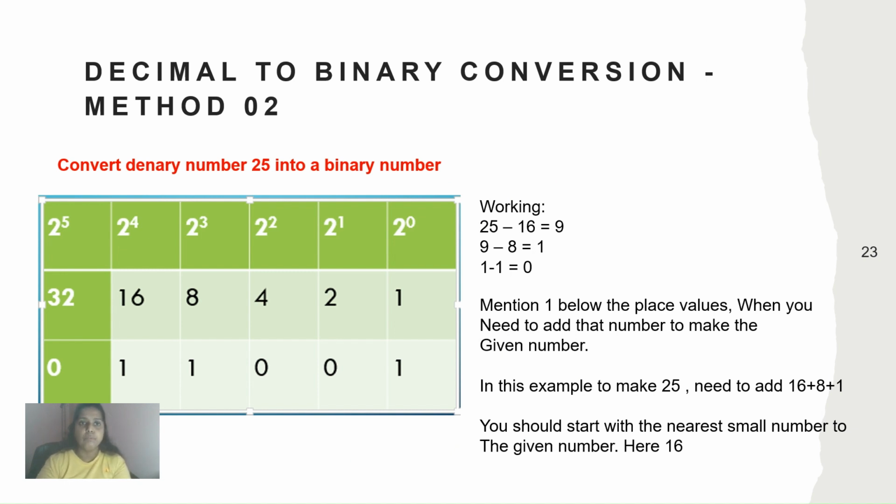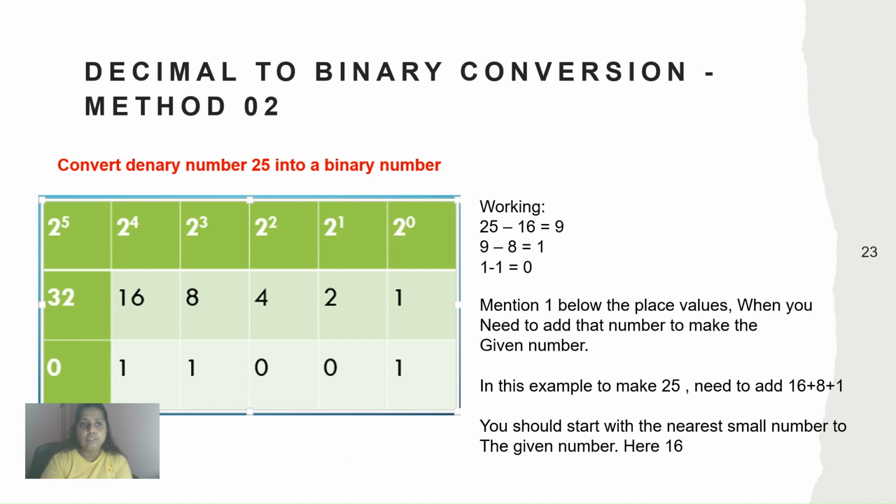Actually, it's better to write one value larger than the given value, then you can get the answer without any problem. So I'm writing 2 to the power 0 equals 1, 2, 4, 8, 16, and after that 32. Now 32 is exceeding 25, so that's enough.